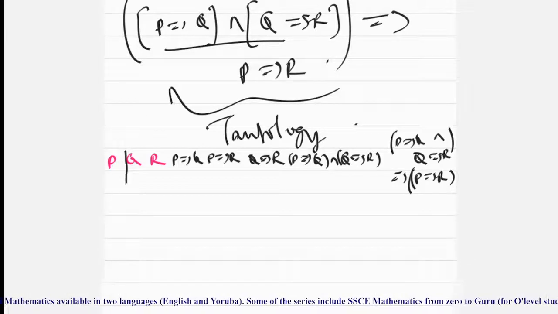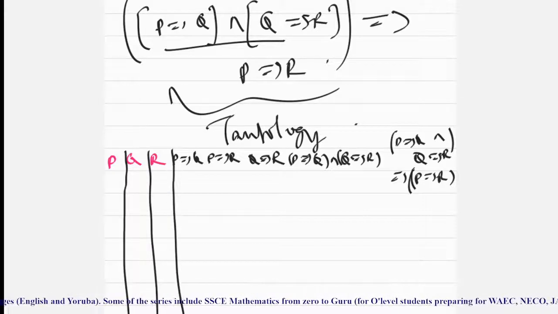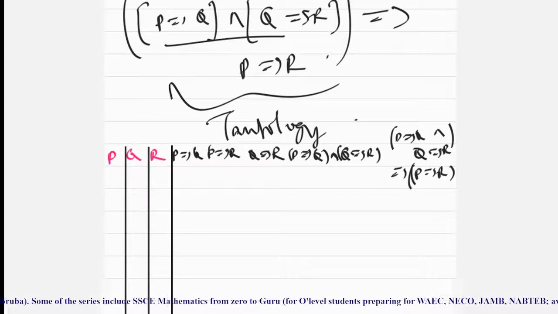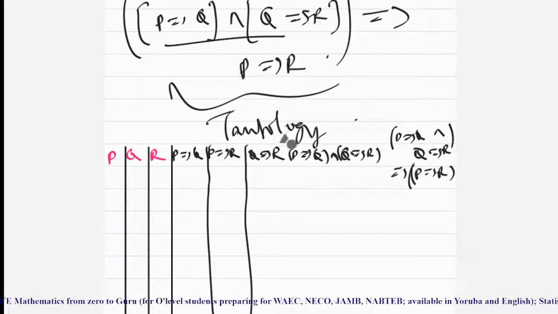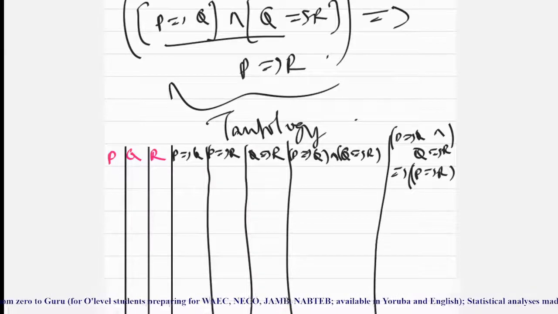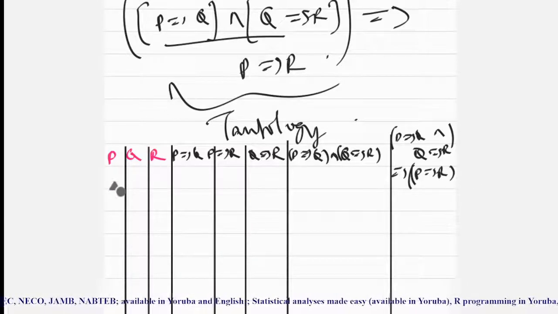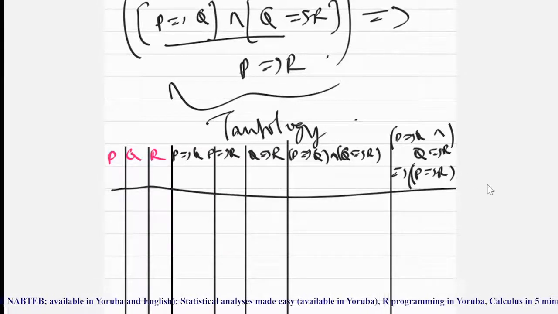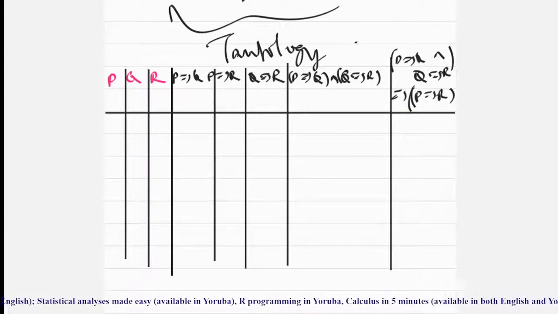So then this is going to be columns for P, Q, R, P implies R, Q implies R, and lastly for this. Then let us draw my table. Since we have three propositions, it means we are going to have 8 possible truth values.